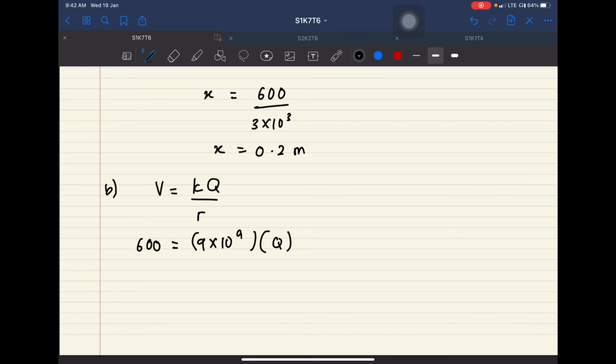We need to find Q. R is 0.2. Rearrange and solve, you should get Q equals 1.33 times 10 to the power of negative 8. Let's say the value for V is negative, you will have a negative over here. So if you get that value, just leave it as it is. If it is negative, just leave it there.